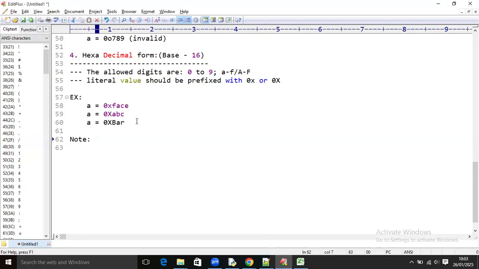But the Python virtual machine will convert them into decimal form and execute like that only. We can give hexadecimal, binary or octal, but it will be considered as decimal numbers only, because decimal is the default data type in Python.